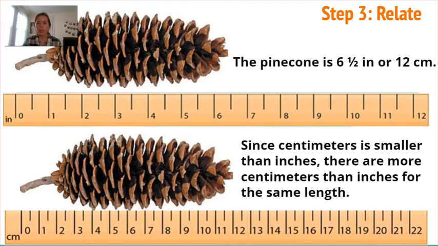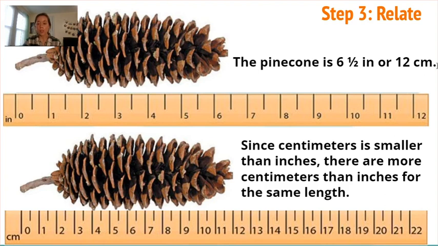Okay, so when we're relating it here, we see that the pine cone is 6.5 inches or 12 centimeters again, right? Because it's the same length, just represented in two different forms of measurement. And we know again that since centimeters is smaller than inches, there are more centimeters than inches for the same length.